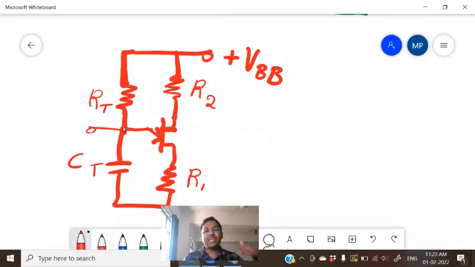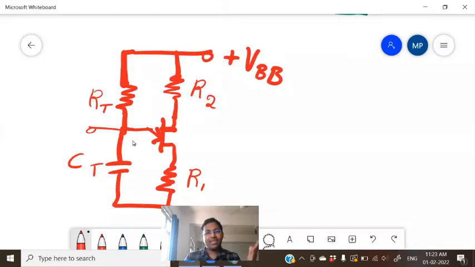In the previous class we discussed the characteristics of the UJT, which has a peak point and a valley point. When the voltage across CT goes above the peak voltage, the UJT will turn on. When the UJT is on, the capacitor will discharge through the UJT and R1.